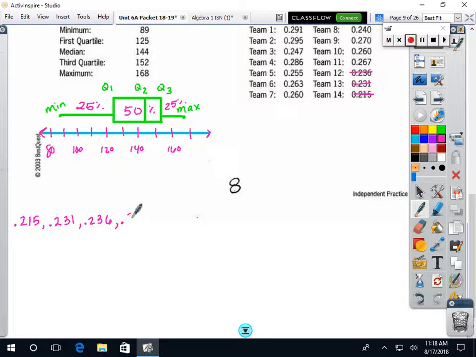Okay, then after that, there's 2 of them, 0.260s, okay. 0.267.